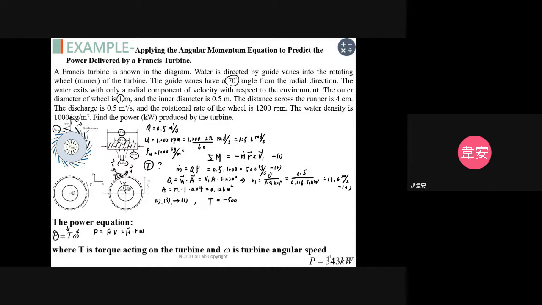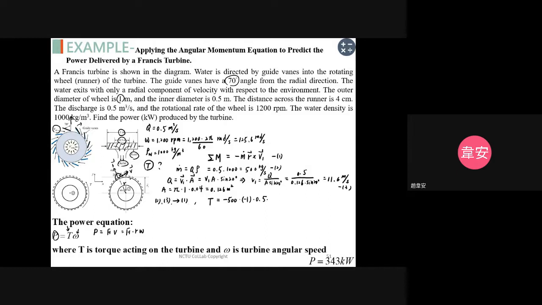So it is the clockwise direction. In here we have the additional minus 1 because the moment is clockwise. It's a negative moment, and r is the radius of the runner. The diameter is 1 meter, so the radius is 0.5 meters.